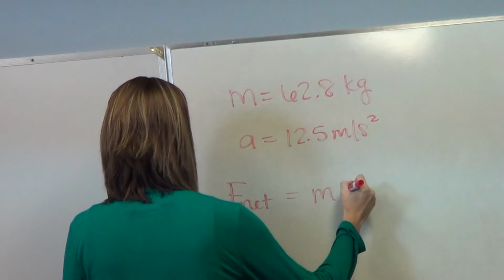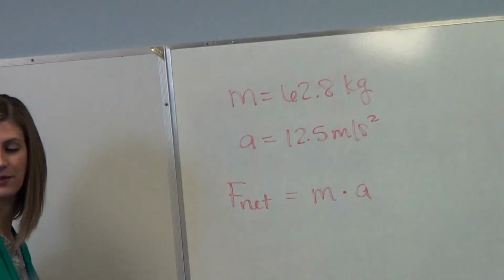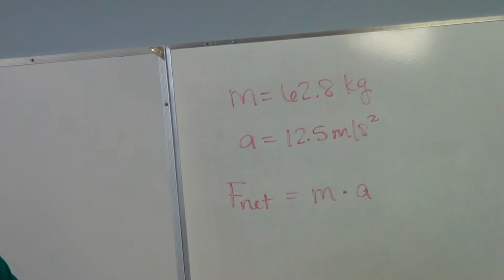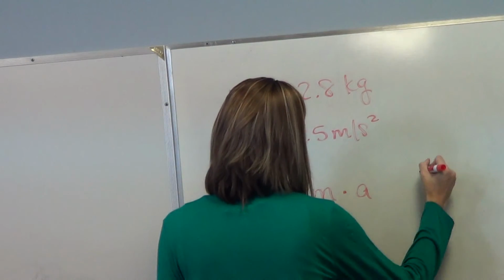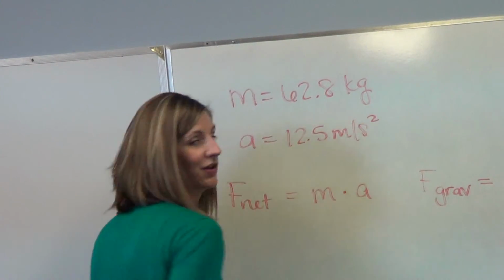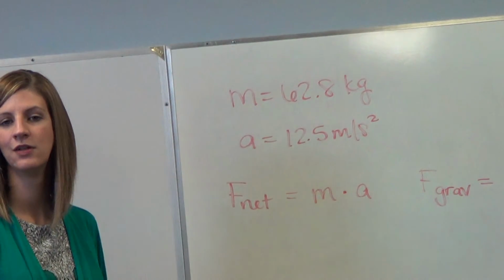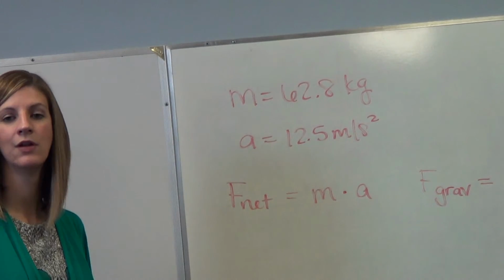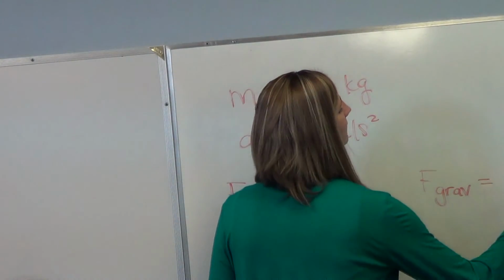Air resistance. Oh, air resistance, thank you. What else are we going to have to calculate? Well, we're also going to have to calculate the gravity. Do you remember what the formula for gravity is? F grav equals mass times 9.8.